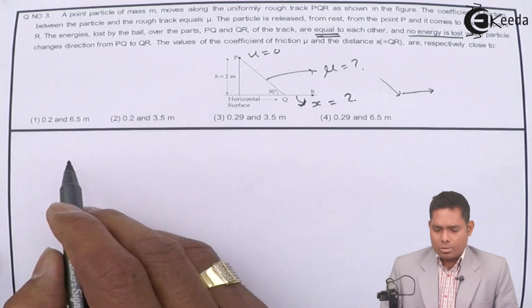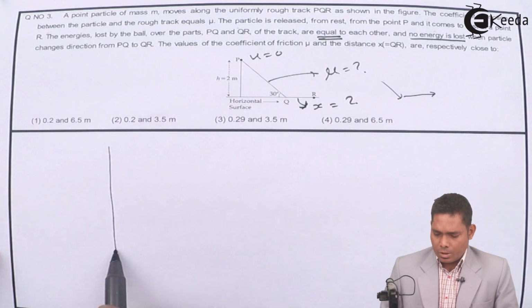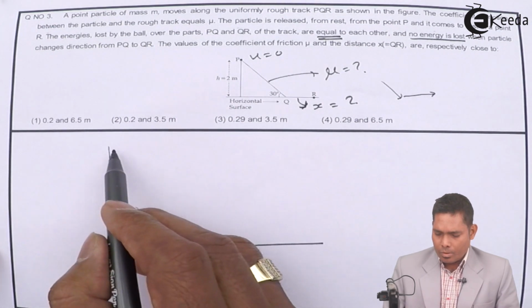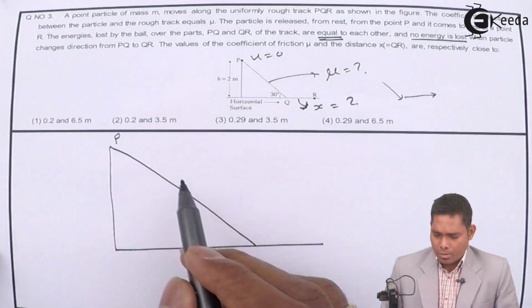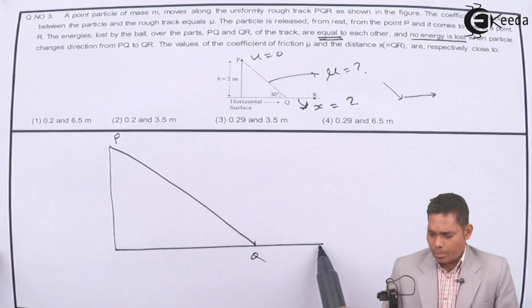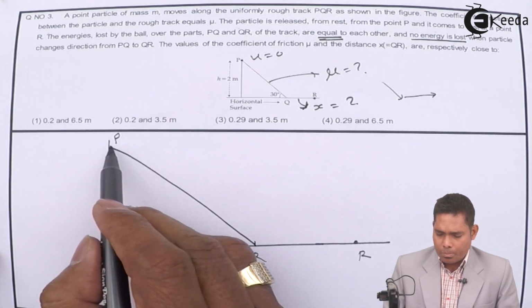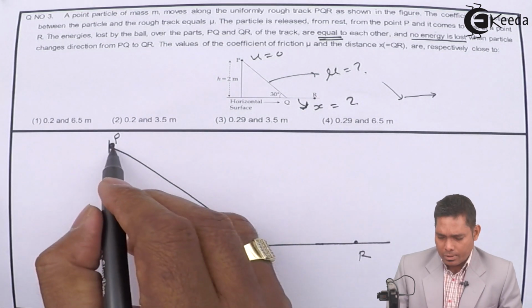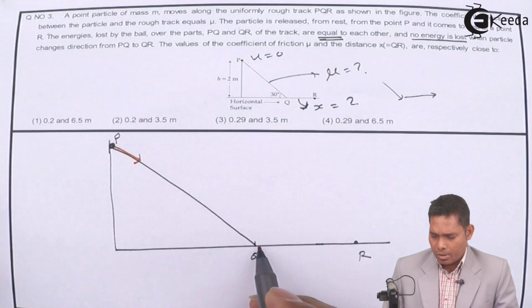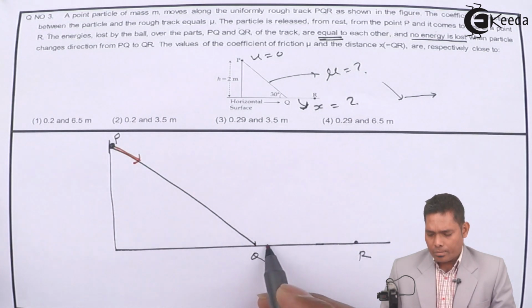Now to solve this, we'll first draw the diagram. This is P, this is Q, and this point is R. The particle is released from here, so it comes down like this. It follows this path, and when it reaches here, it has a certain velocity in that direction.